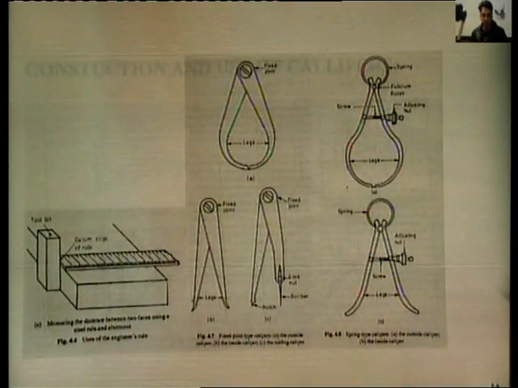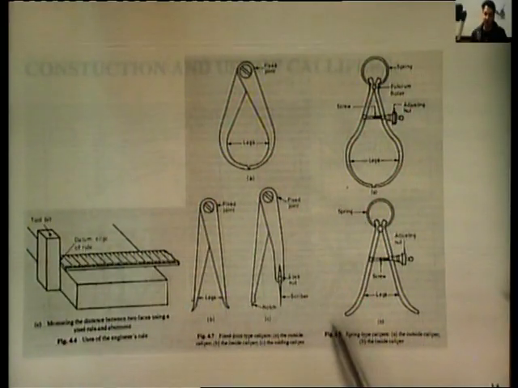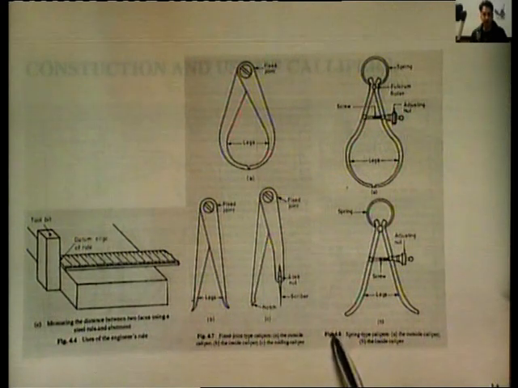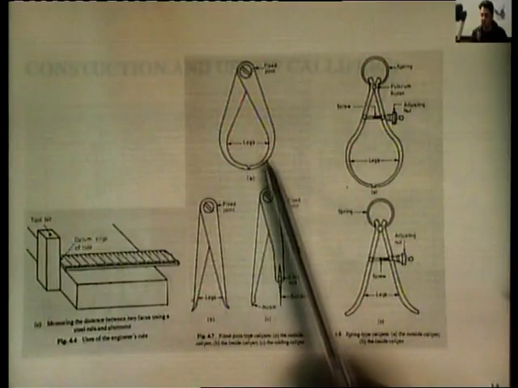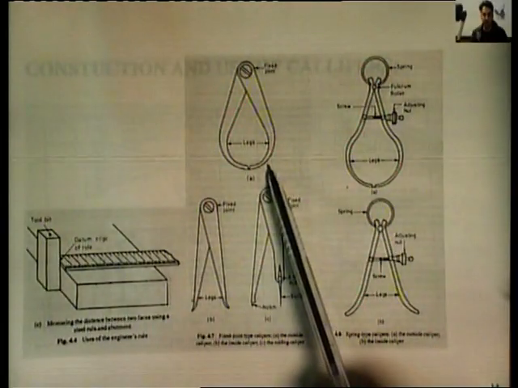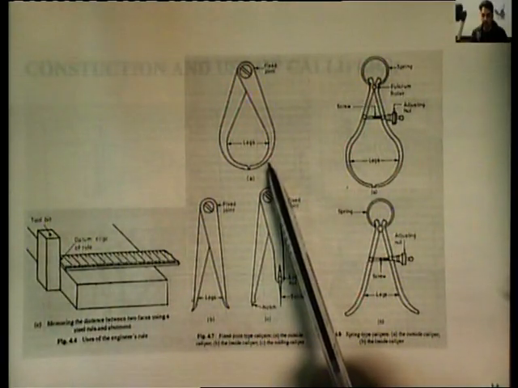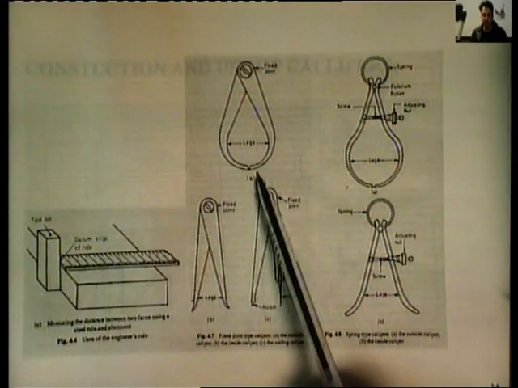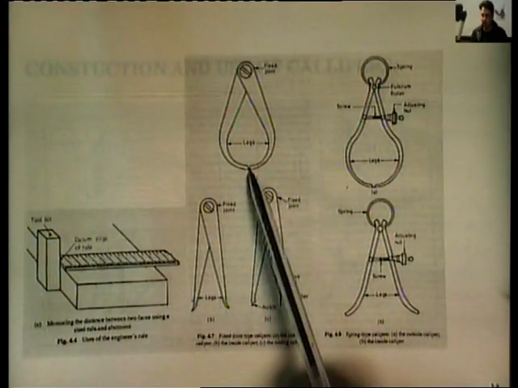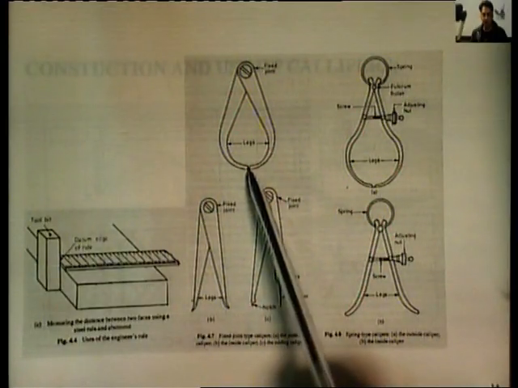For these, calipers are one of the important, well known and common instruments used for taking any measurements. Over here we have fixed joint type of caliper. Number 1, this is for external diameter. We can create a gap over here which is made equal to the size of the component.